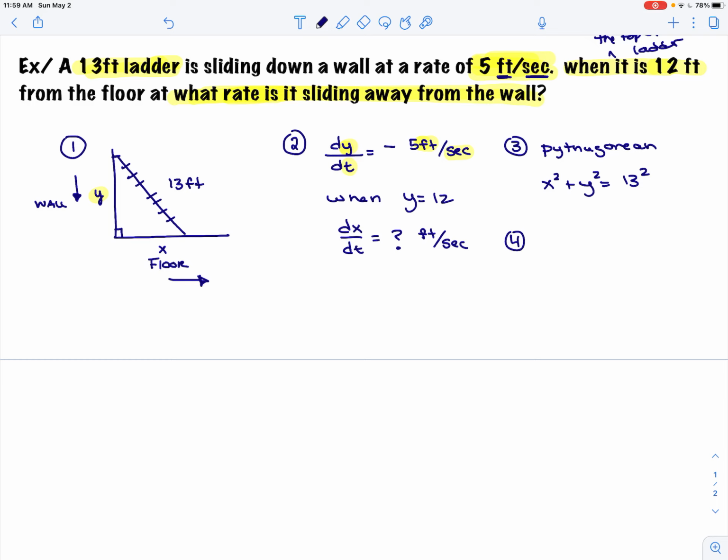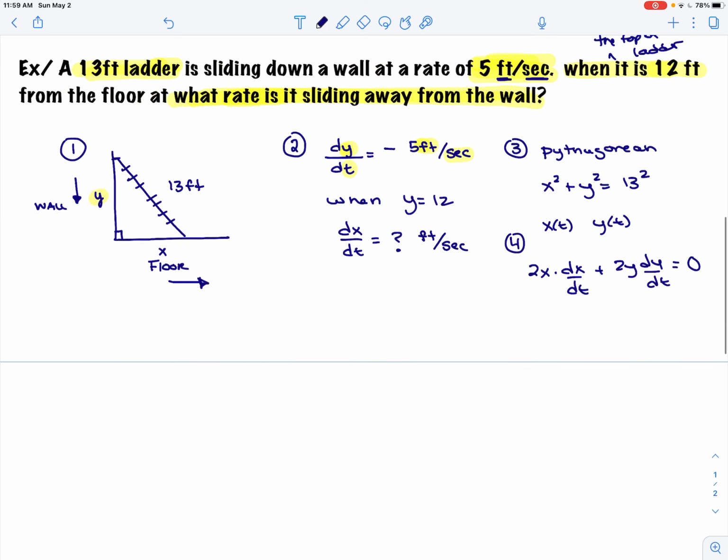X is a function of time and Y is a function of time. So I'm going to get 2X dx/dt plus 2Y dy/dt equals, and the derivative of 169 is just 0. All right, so there I've differentiated.